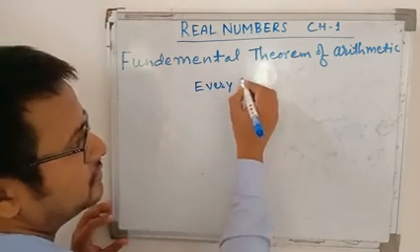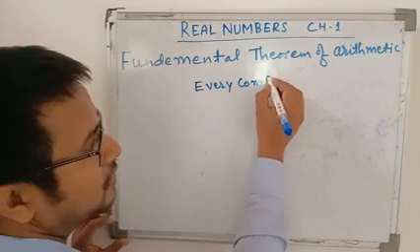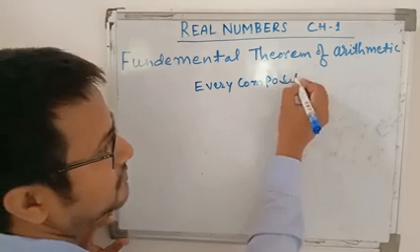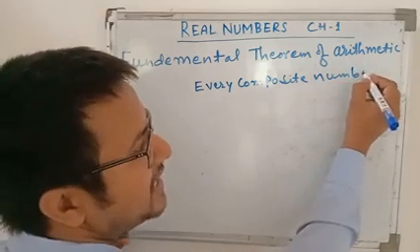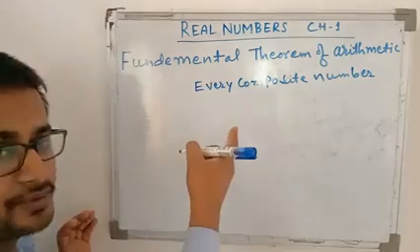Every composite number. Composite number means, as I told you, it has more than two factors.